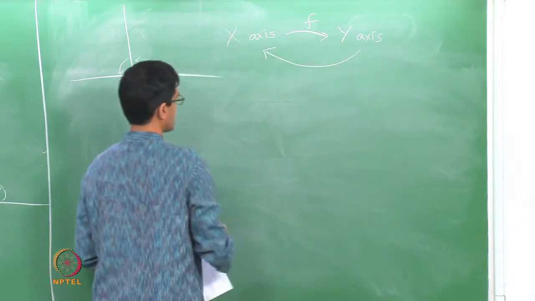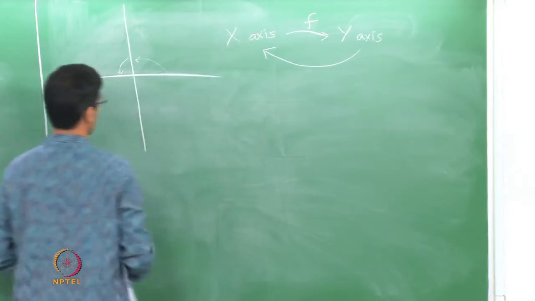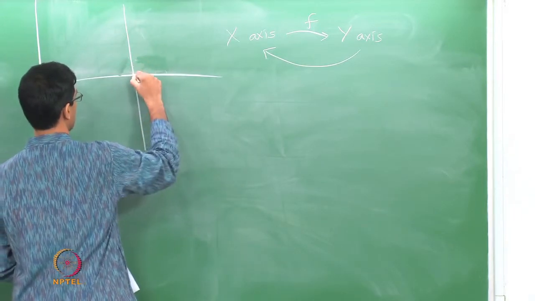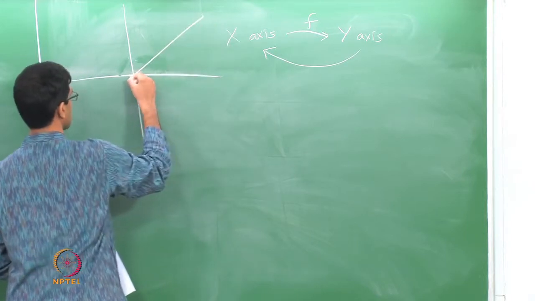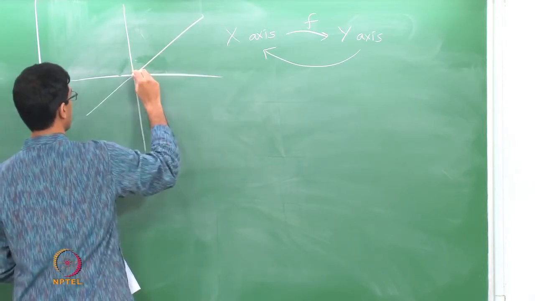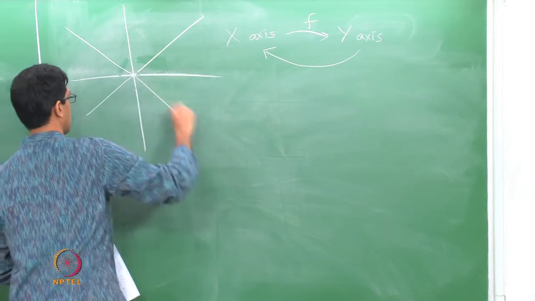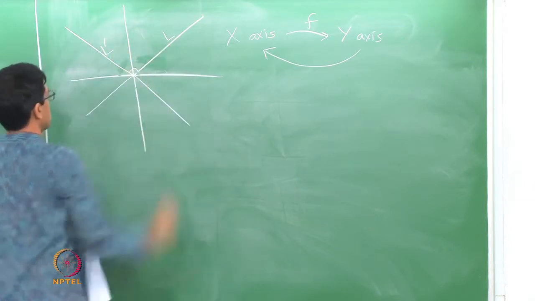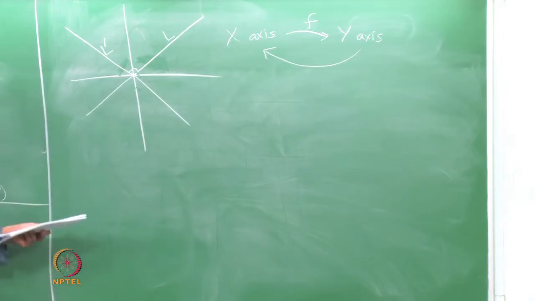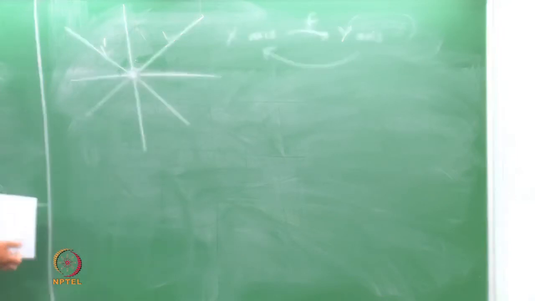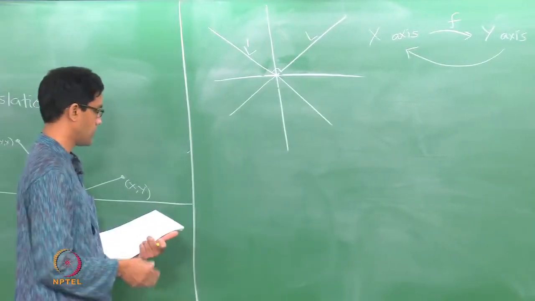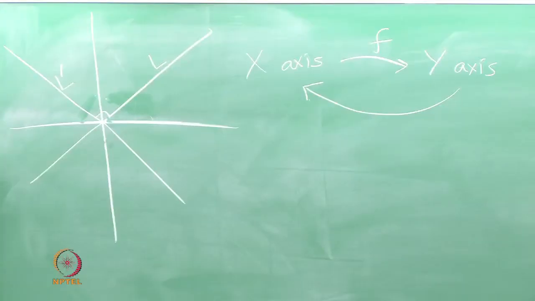In fact, the y axis also maps to the x axis under this map, and in general any line will just map to the line that is perpendicular to it. If you take a line through the origin, you rotate it 90 degrees, so it maps to a perpendicular line, L will map to L prime. So that is what happens to lines. Region, similarly you imagine a region anywhere on the plane, and just what you get is the rotated region.